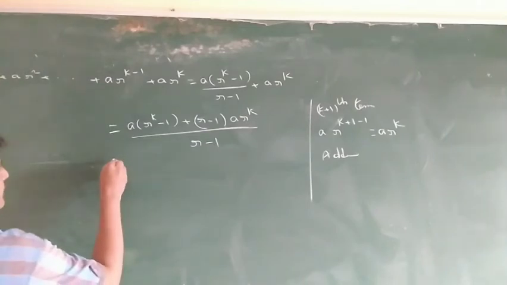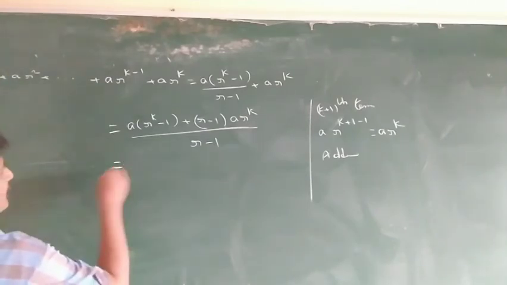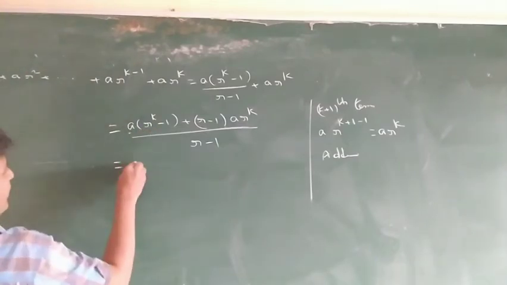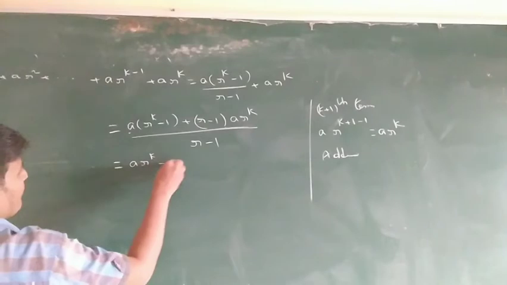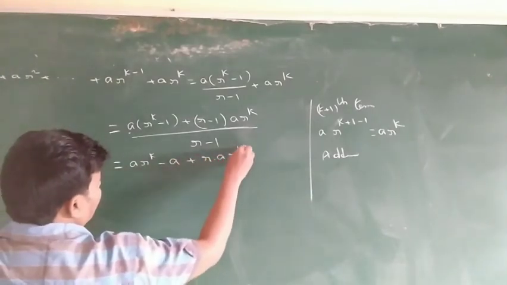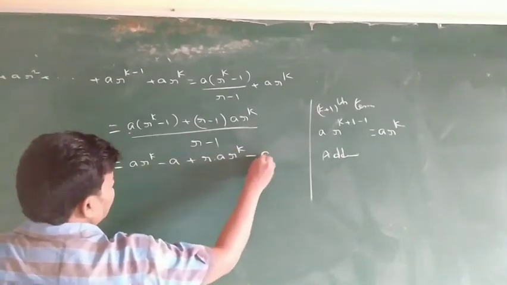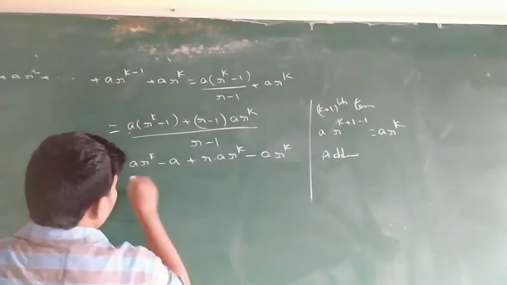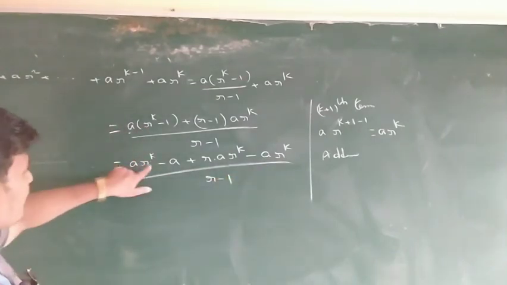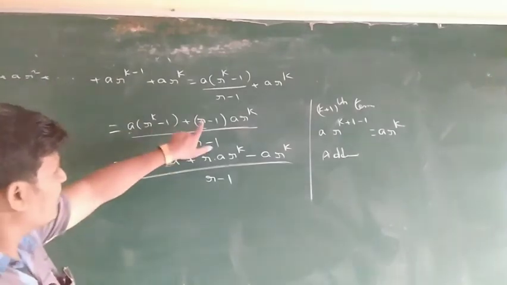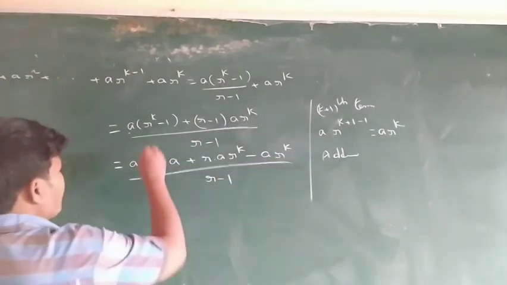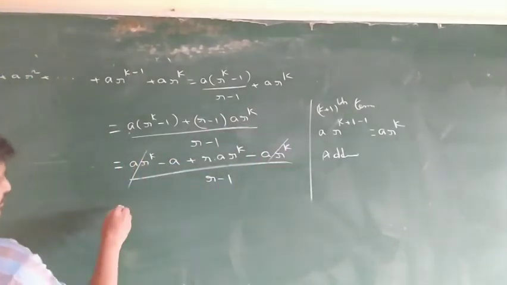So that is equal to a into r power k minus a plus r into a into r power k minus a into r power k, by r minus 1. So plus and minus cancel.